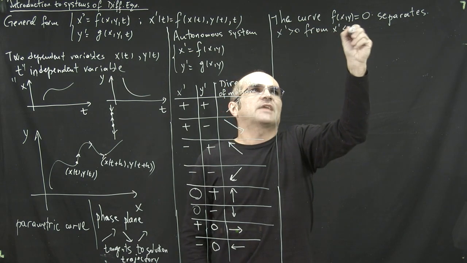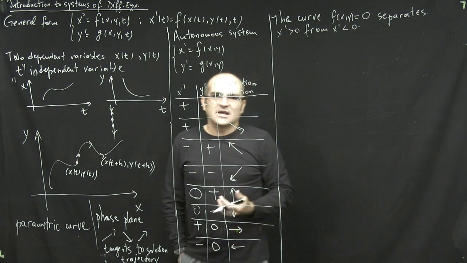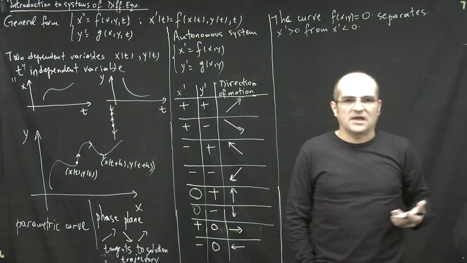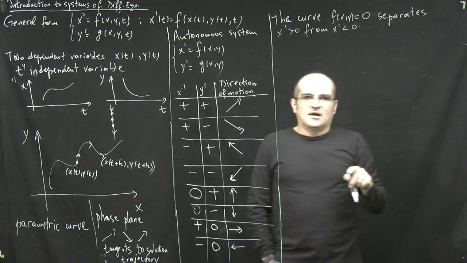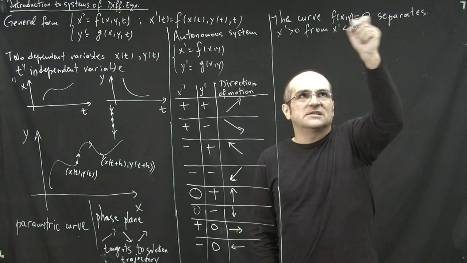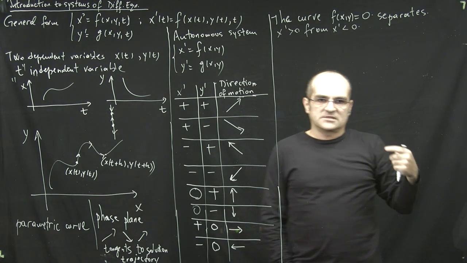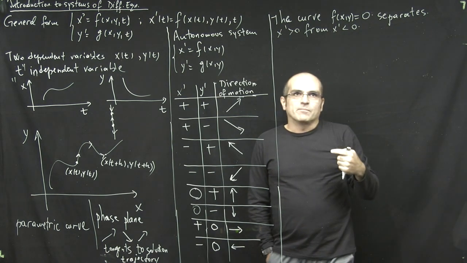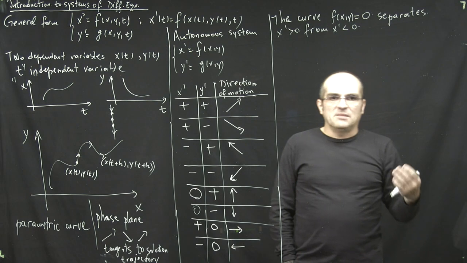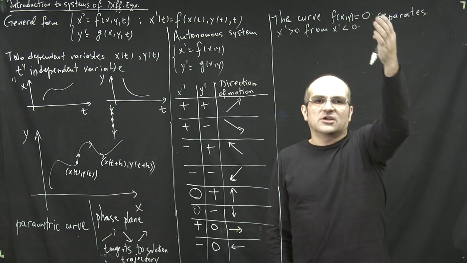So you could think of that curve like a boundary. Again, it can be made of multiple curves because this function can be more complicated than just a nice single curve, right? But roughly speaking, if you set this function equal to 0 and you think of it as a geometric figure, that's essentially an implicit curve, right? Because you have y as a function of x.